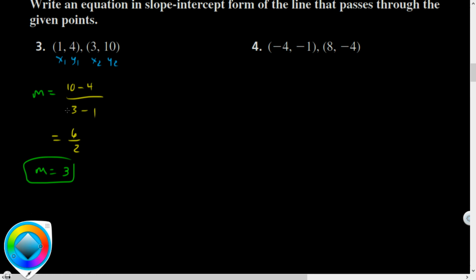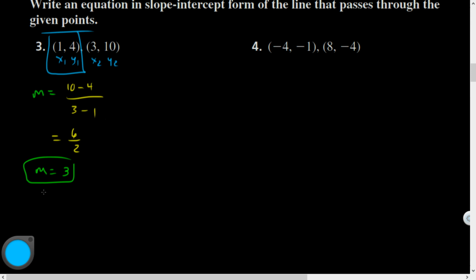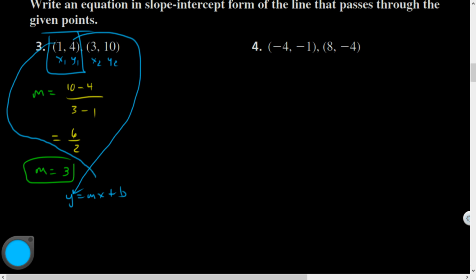Now, which point do you like better? I like the smaller numbers better. So in y equals mx plus b, I'm going to plug in 4 for y. I'm plugging in 1 for x. I'm plugging in 3 for m. And b is what I'm looking for.